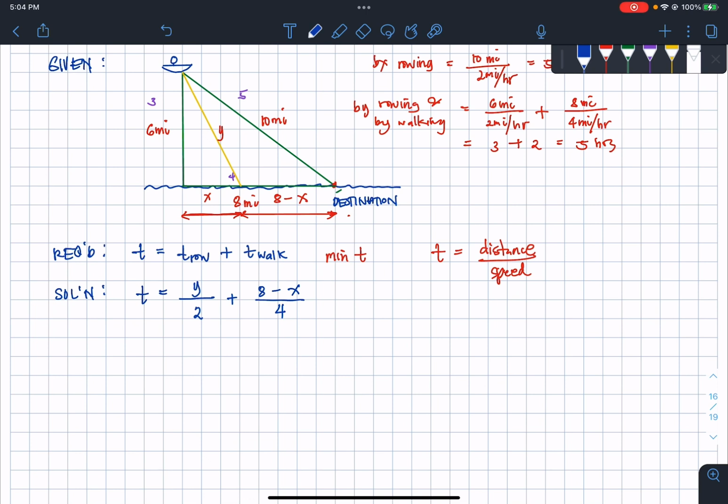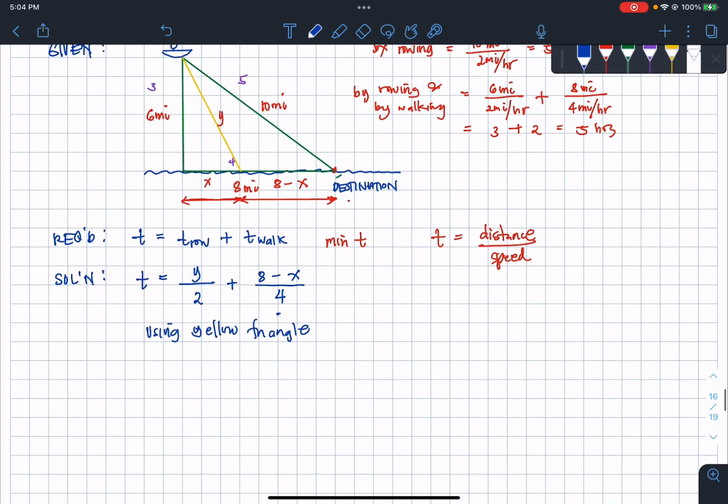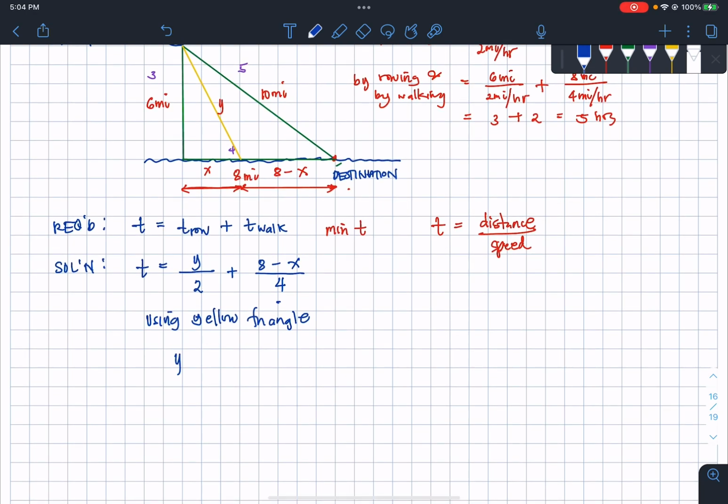And then from here, we need to get a relation between y and x. So we can use the yellow triangle. Using the yellow triangle, we can get that y squared, which is the hypotenuse, is equal to x squared plus 6 squared.